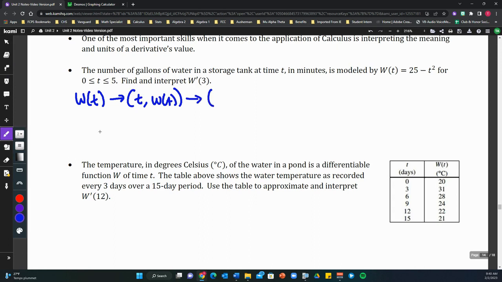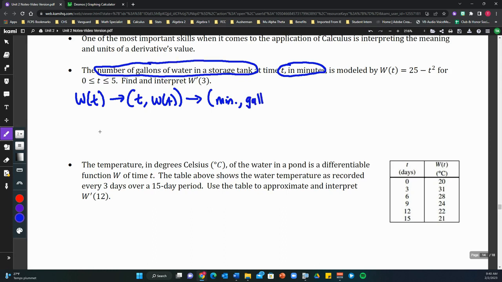They tell us that t is measured in minutes, and that w of t is representing the number of gallons of water in a storage tank. So our outputs are measured in gallons. What this function is describing is at a time t, there are blank gallons of water.